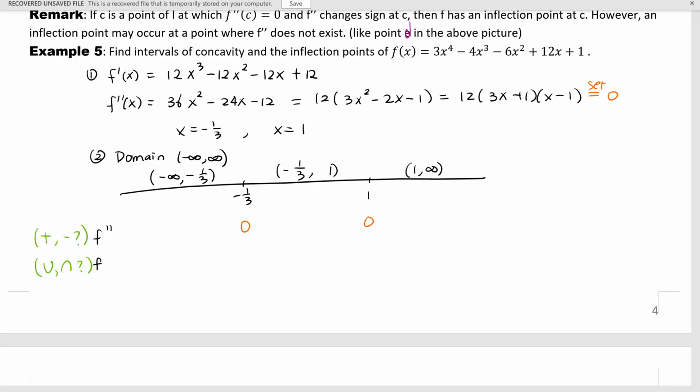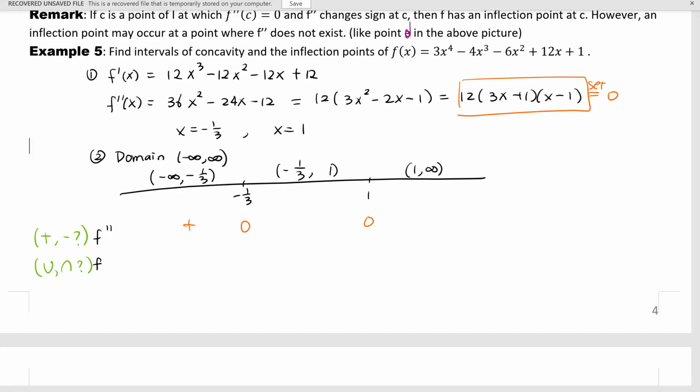Okay, and we can pick a number in this interval, maybe -1, and plug into the factored form. 12 is positive. When we plug in -1, -3 plus 1 is negative, and -1 minus 1 is negative. So two negatives make a positive. Okay, and here we can pick the number 0.